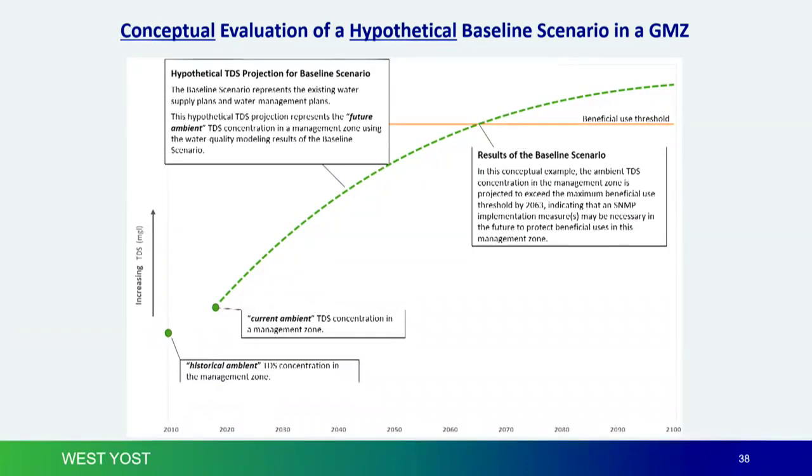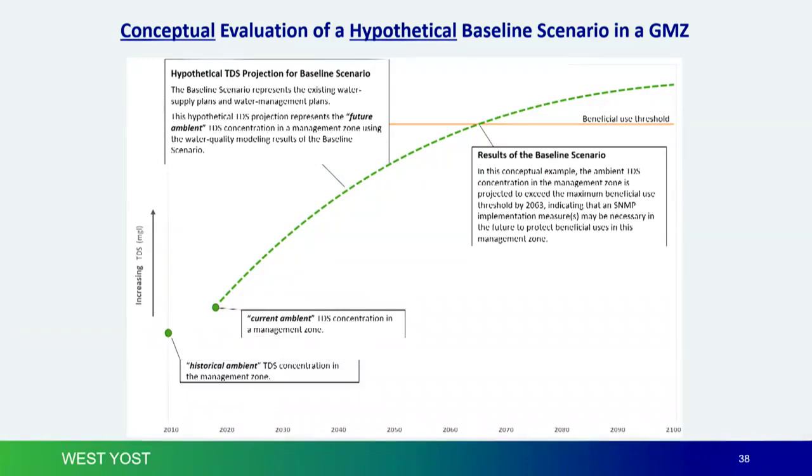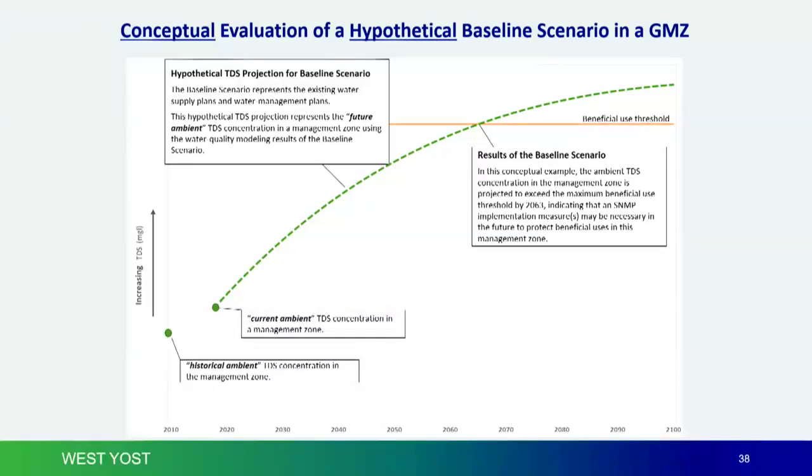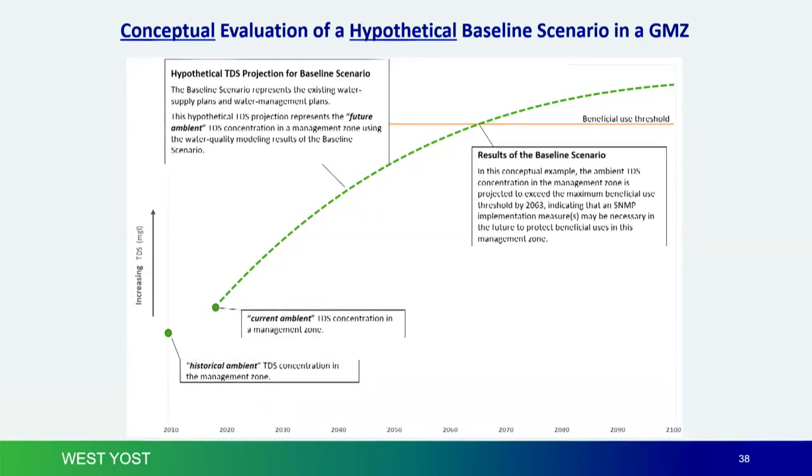But the beneficial use threshold, as represented by the orange line, represents that TDS concentration above which the beneficial use becomes impaired. The green dashed line represents an example of a future model projection of TDS concentration under the water plans and the wastewater plans of all the parties in the basin.